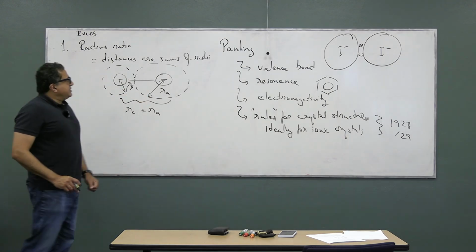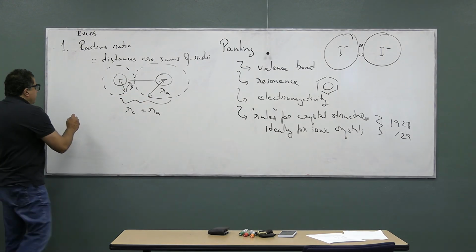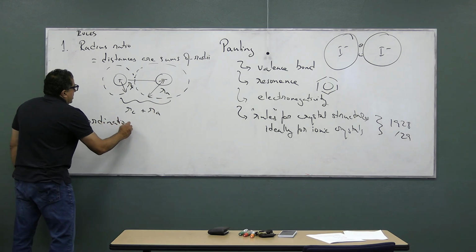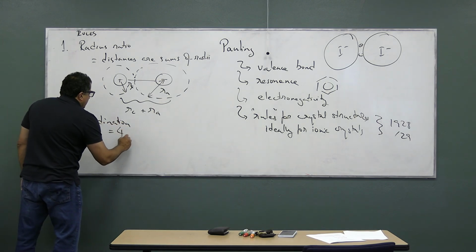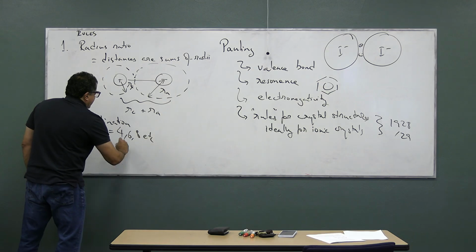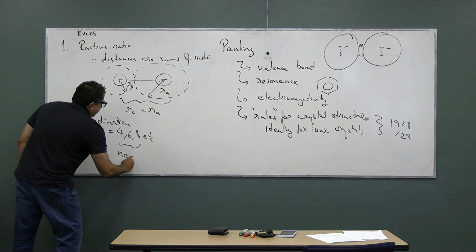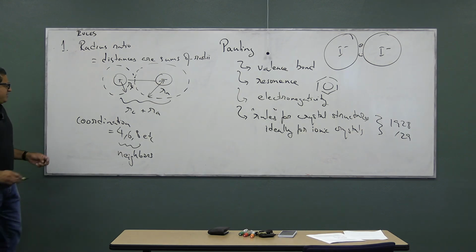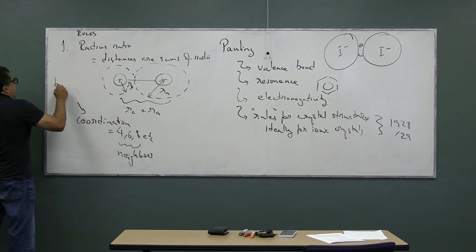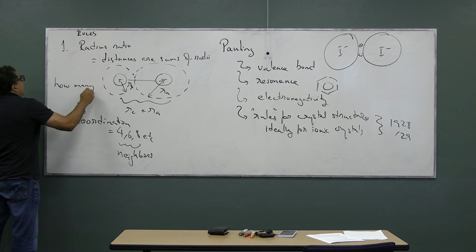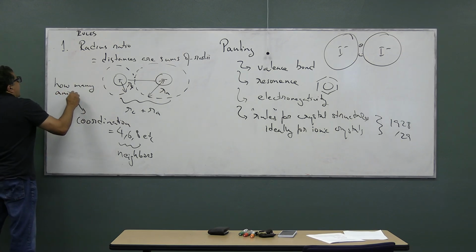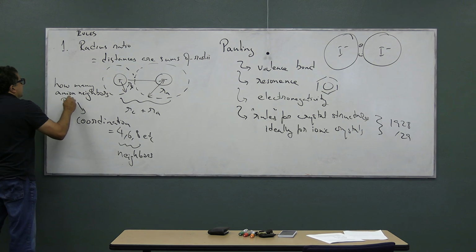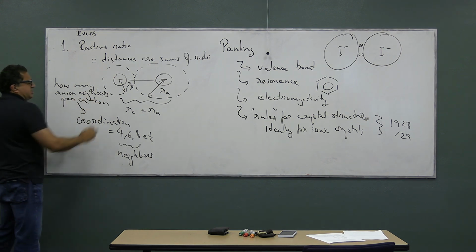So the distance is the sum of the radii, but the coordination, which means 4, 6, 8, etc. What is coordination? How many anion neighbors does every cation have? How many anion neighbors per cation? That's called the coordination number, right?